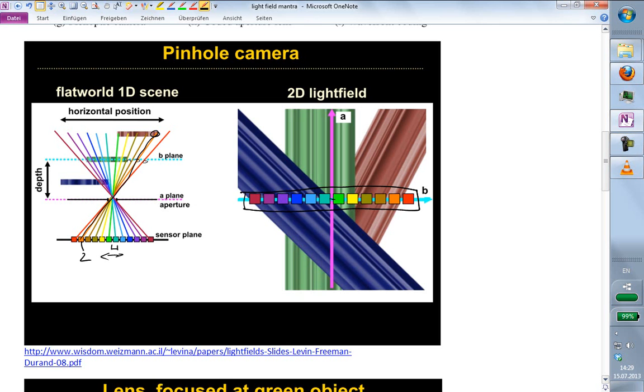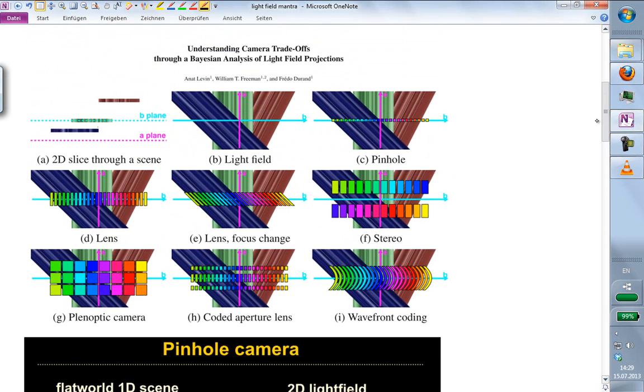So we see the blue object almost just as sharply as the green object and so on. So this is the pinhole camera, and this is the part of the light field that the pinhole camera samples. So we see everything pretty much in focus, but we have no depth information whatsoever.